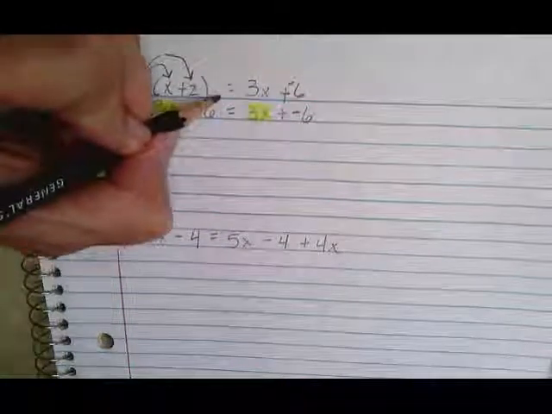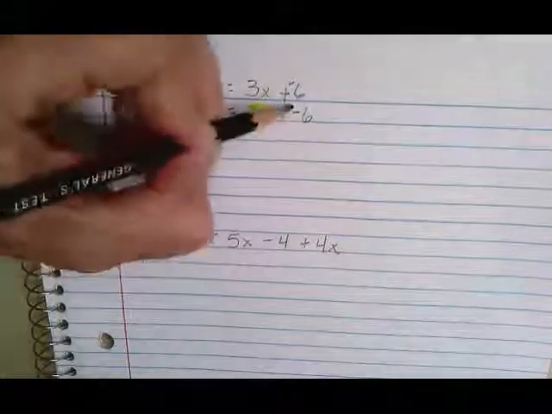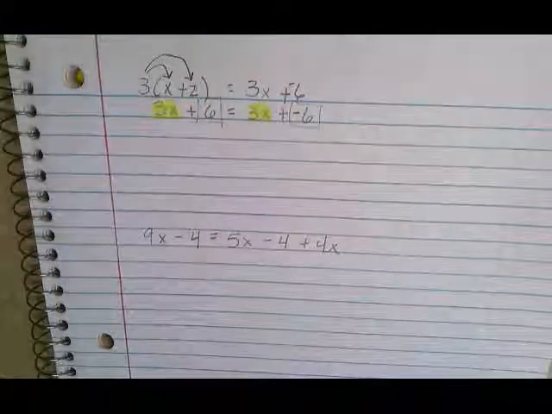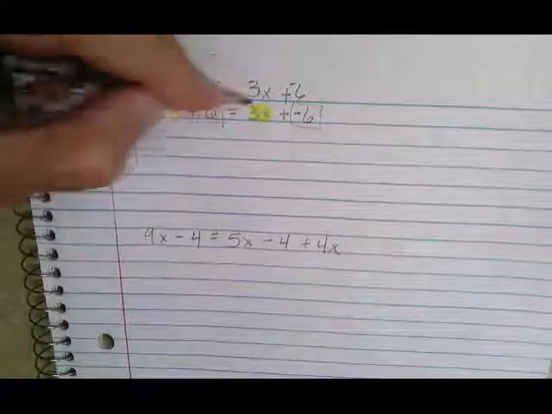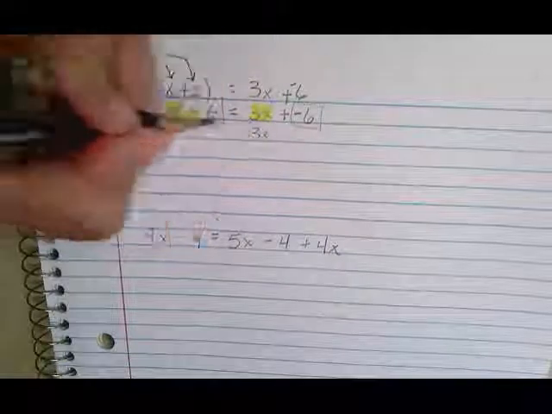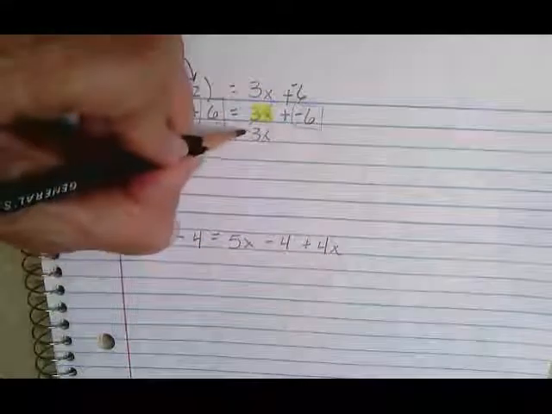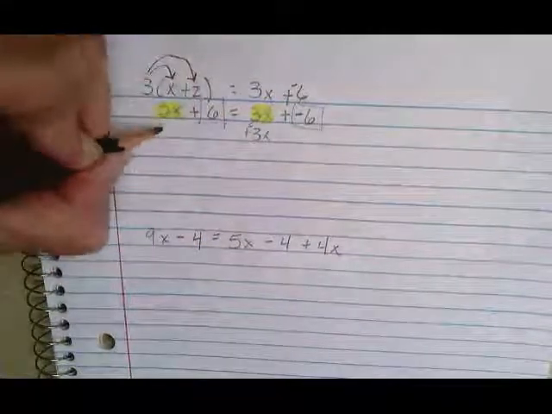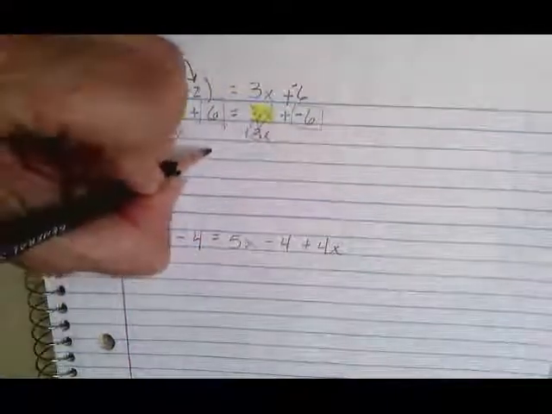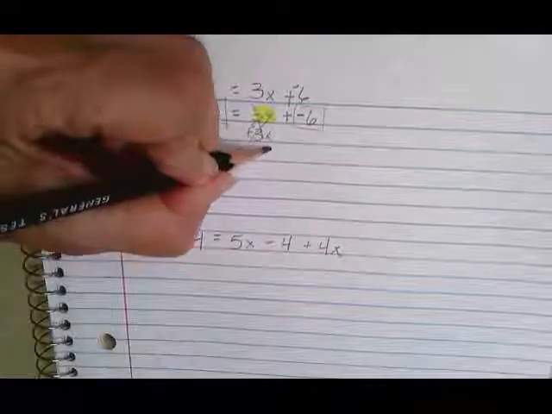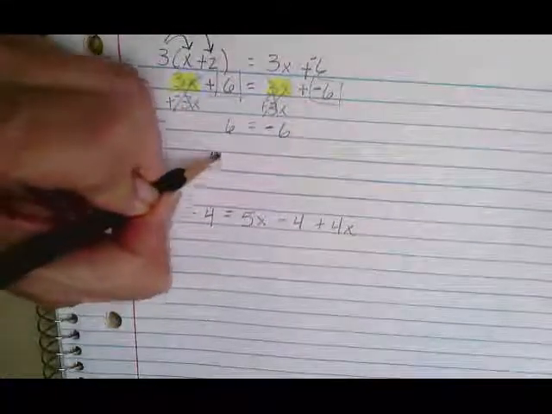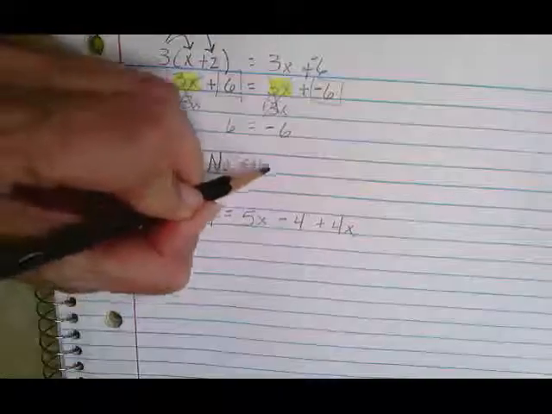But my numbers are different. I have a 6 and I have a negative 6. This is going to result in these x's canceling out. And we can go through the process of showing you that. Those sum to 0, and I'm left with 6 is equal to negative 6, which is an untrue statement, so I have no solution for this particular one.